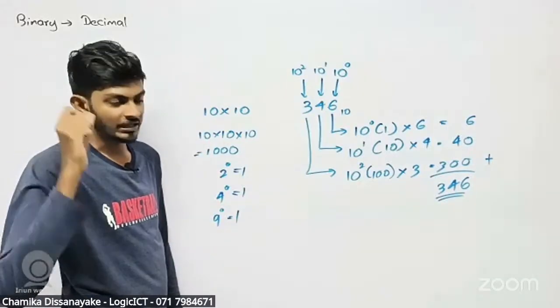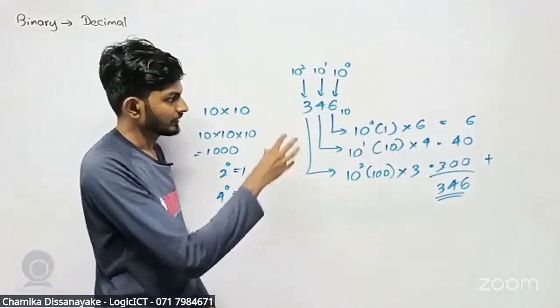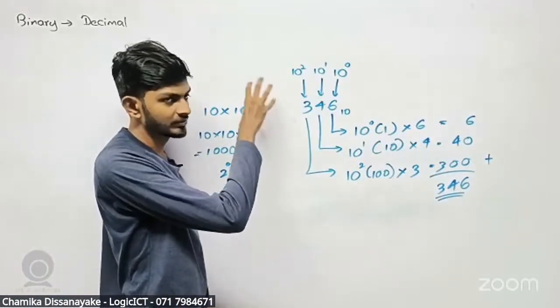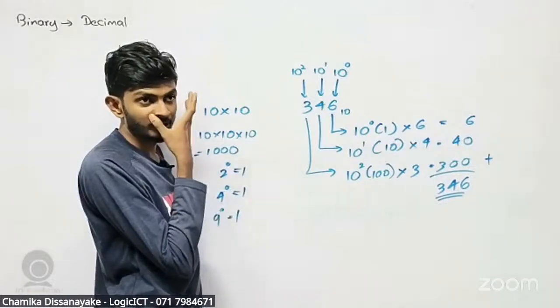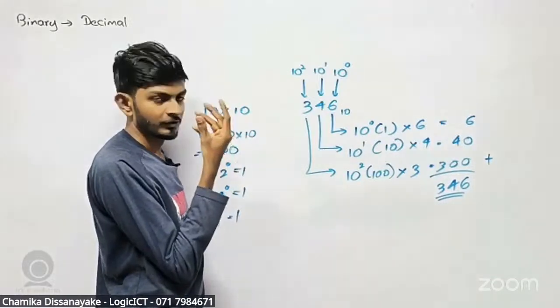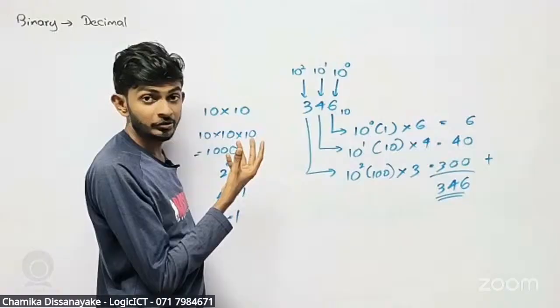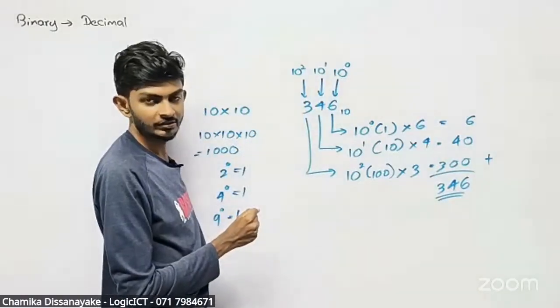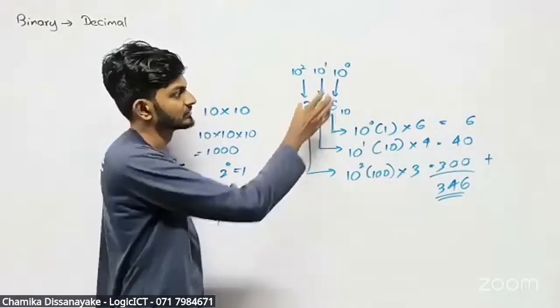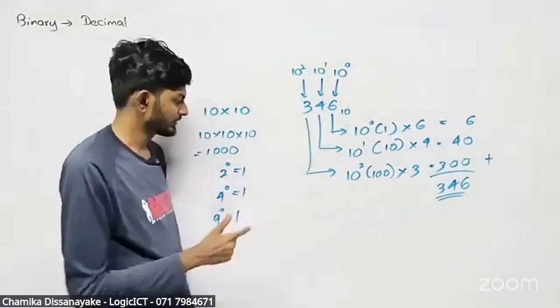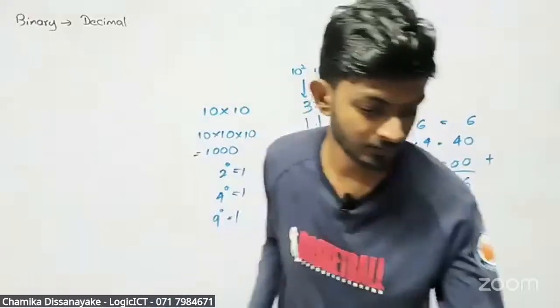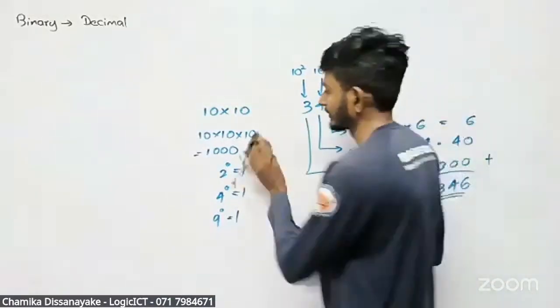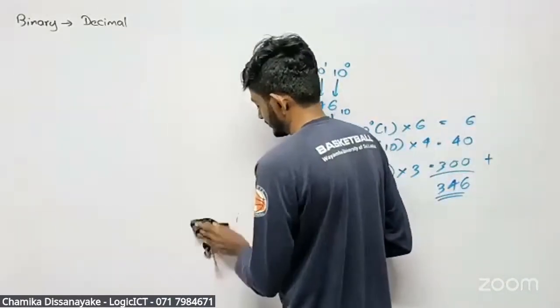If we have a base 2 number, or a binary number, the only thing that is going to change is the weighting factor. Let's write an answer.